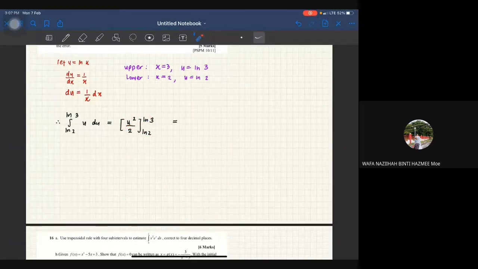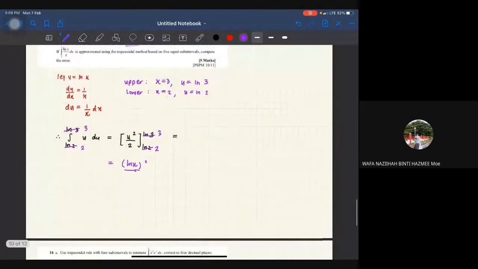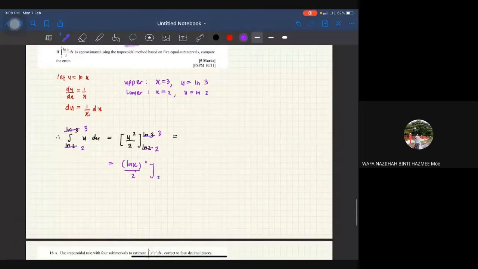Okay, if let's say awak tak tukarkan awak punya lower limit and upper limit. So this one stays as 3, this one stays as 2. Okay, so ini pun 3, ini pun 2, let's say. So awak mesti tukar jawapan awak, masukkan balik nilai U awak. So U adalah ln X square over 2. And then lower limit 2, upper limit 3.